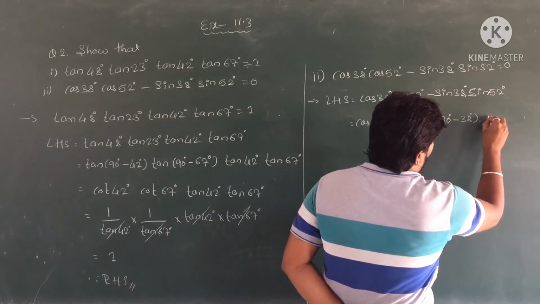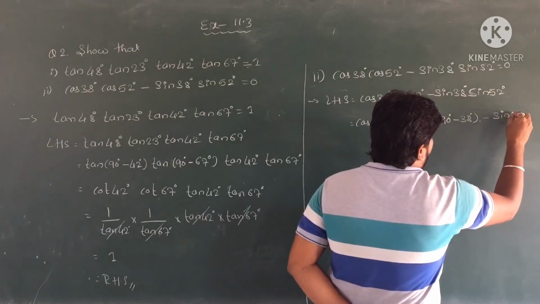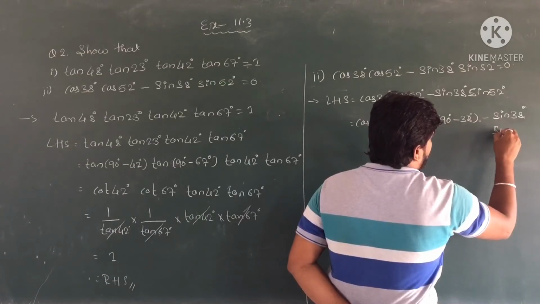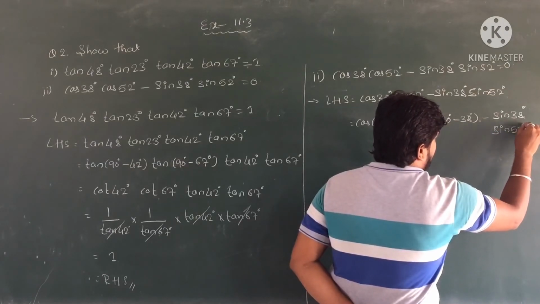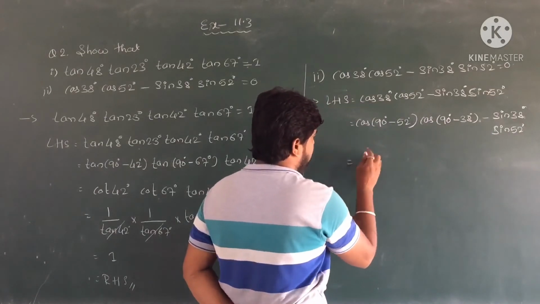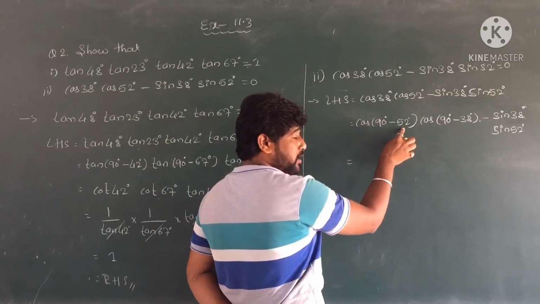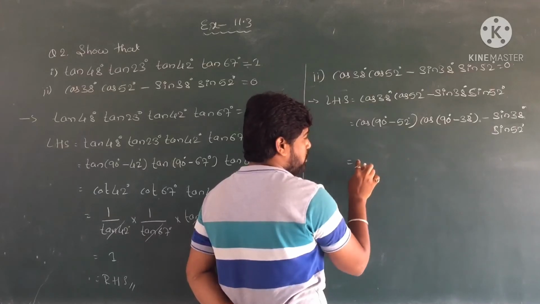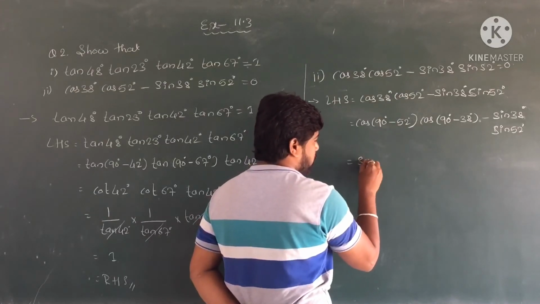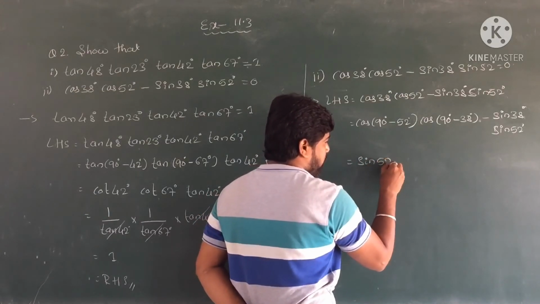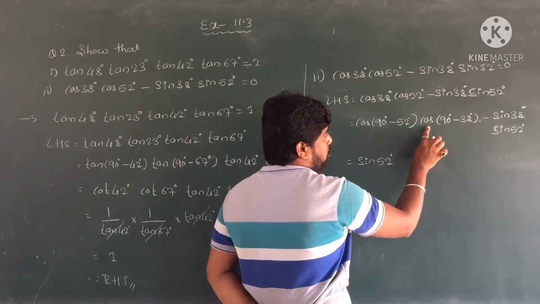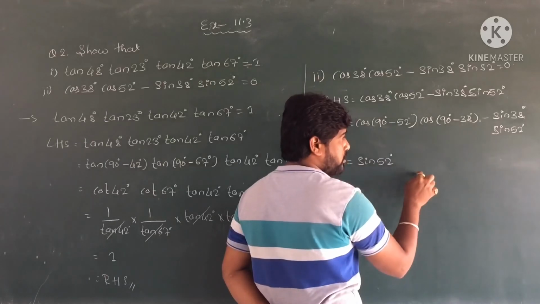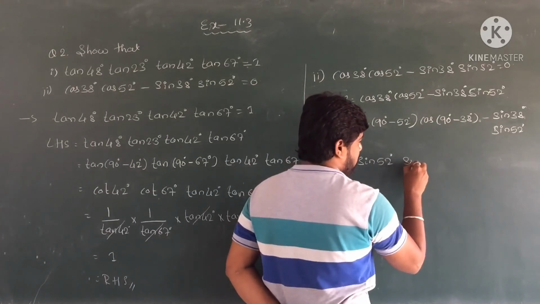Next, minus sin 38 into sin 52. Right? So now cos(90 minus theta) is sin theta. So here cos(90 minus 52) is sin 52. So we can write sin 52 degrees into cos(90 minus 38), which we can write as sin 38.